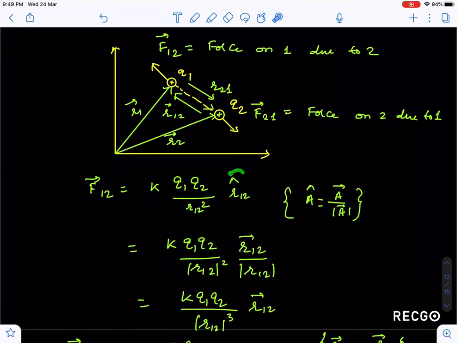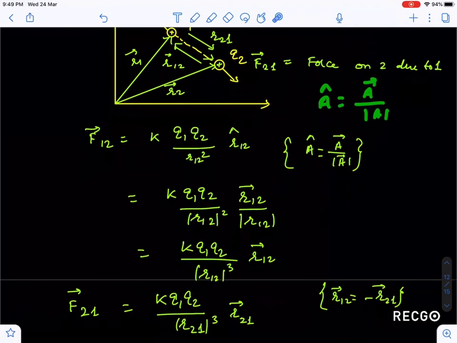and this unit vector always represents the direction of the force. So this force is along r12 cap, meaning the direction of this force is in the direction of the r12 vector. I can write a unit vector a as vector a upon mod of a, right?